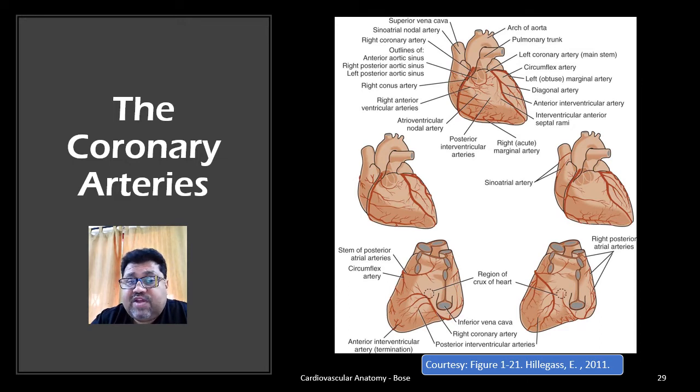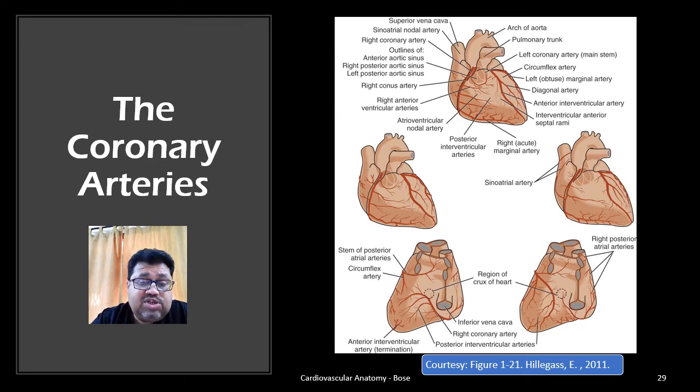The circumflex artery runs in the coronary sulcus between the left atrium and the ventricle, crosses the left margin of the heart, and usually continues to its ending.